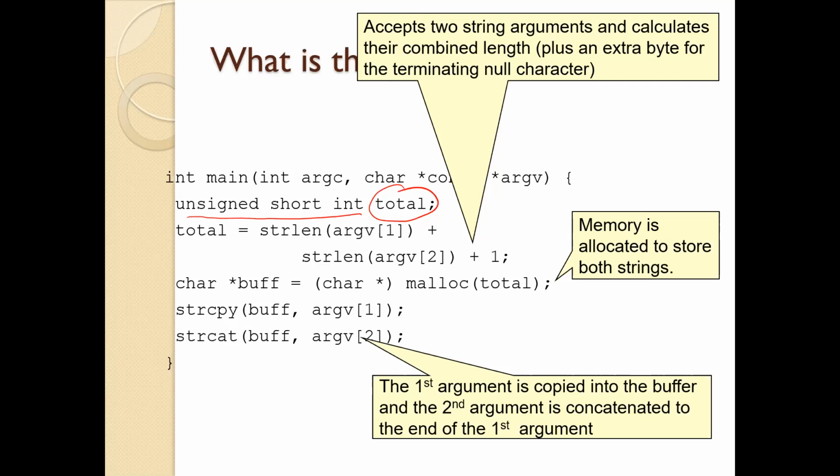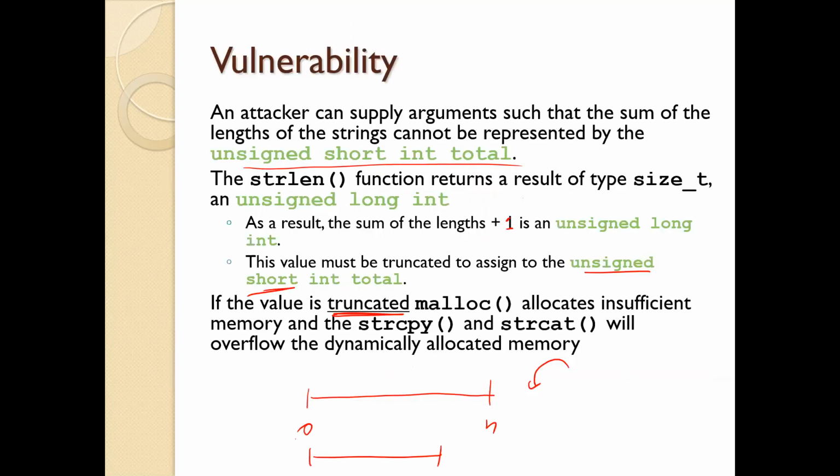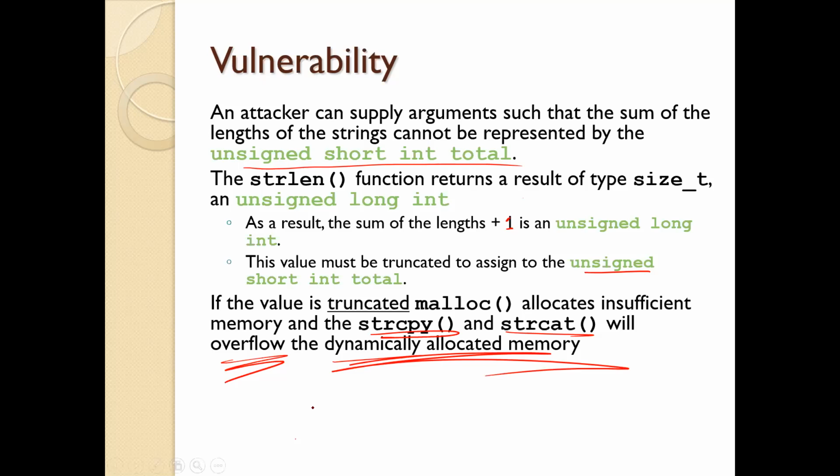They were actually the functions we always used in the buffer overflow lab, if you remember. So there's the problem. If the value is truncated, malloc allocates insufficient memory, and string copy and string cat will overflow the dynamically allocated memory.